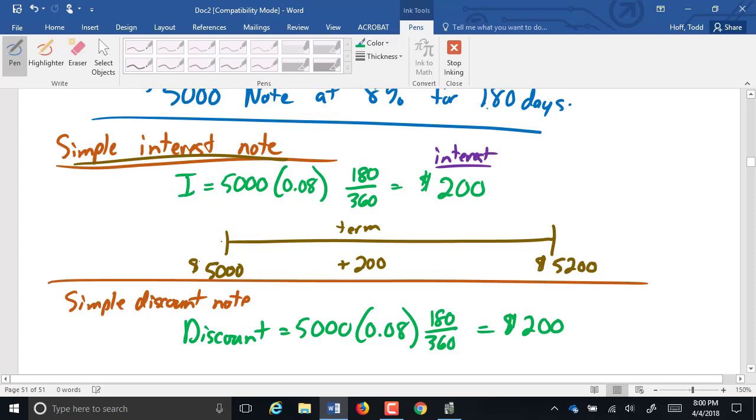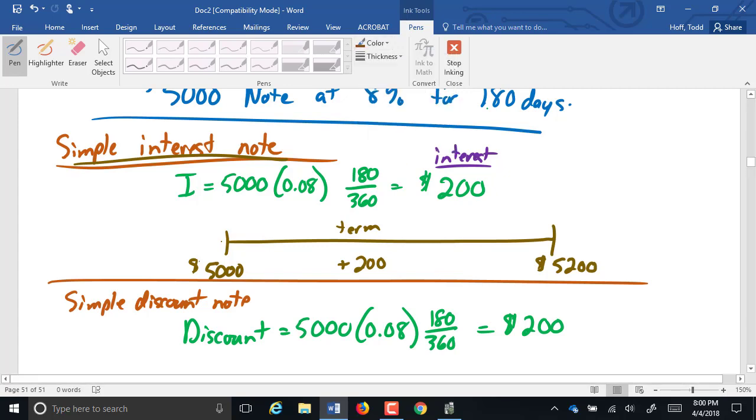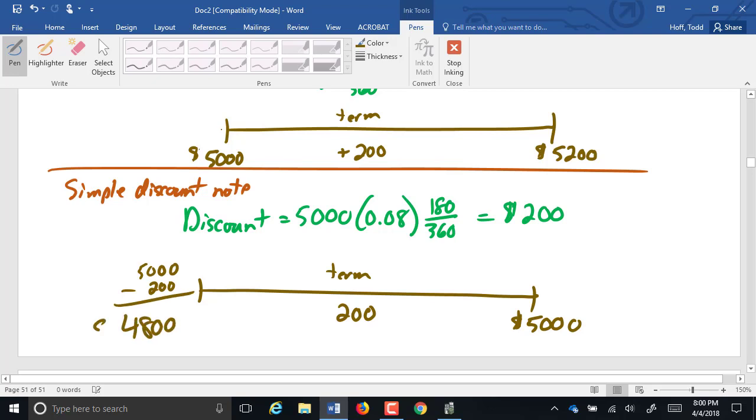Except the principal, the face value, is still 5,000. So if we look at our term, the 180 days, there is $200 worth of interest as a discount. Where does the 5,000 go here? At the end. 5,000 is what you pay back. So 5,000 minus 200 discount, $4,800 is what you receive. That's your proceeds.